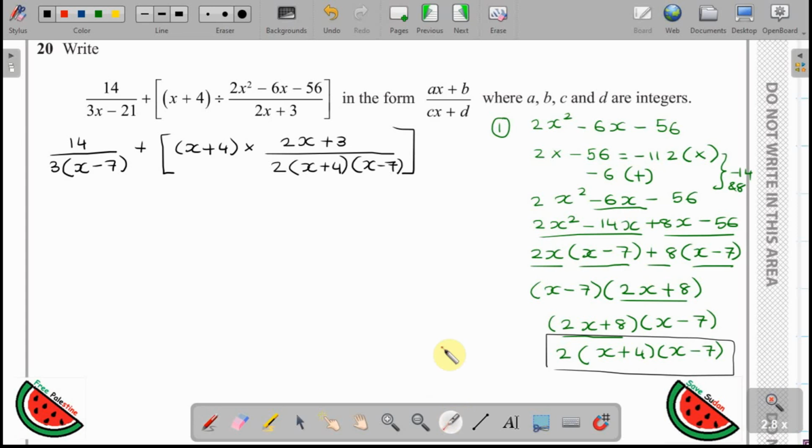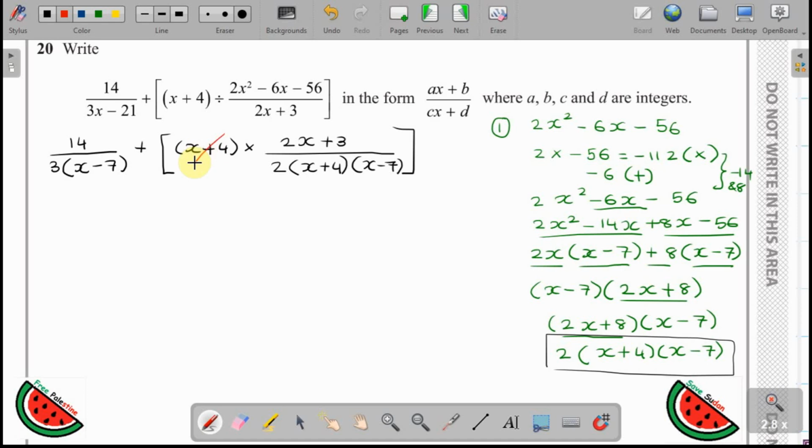Before I continue, a common misconception is people try and cancel out something like this, 2x and 6x over here. That's not possible, because whenever you have any fraction and the numerator or denominator has more than one term, in order to simplify, you need to factorize first, which is what I've done. Now we'll return back to this.